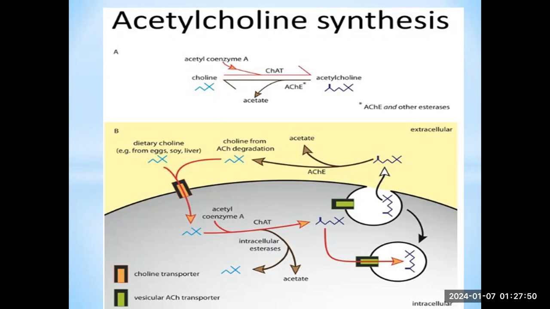The acetylcholine present in the vesicles goes out to the extracellular space, where acetylcholine esterase breaks it into acetate and choline, and this process keeps on repeating.